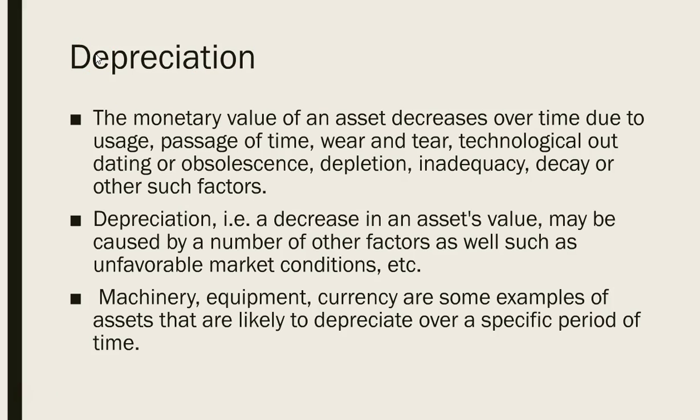Depreciation is a decrease in an asset's value, and it may be caused by a number of other factors as well, such as unfavorable market conditions, etc. So, machinery, equipment, currency are some examples of assets that are likely to depreciate over a specific period of time.